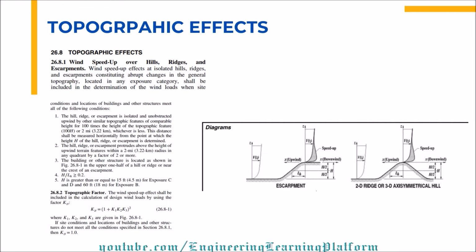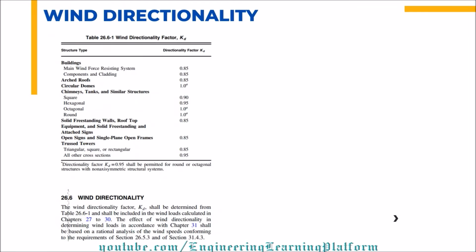If your structure is not located on a hill, ridge or escarpment, then you can take this value as 1. Otherwise you have to calculate this value as per the code procedure which is written over here. As far as our structure is concerned, it will not be located on an escarpment, ridge or hill, so we will not be calculating this value. We will just be taking Kzt equal to 1.